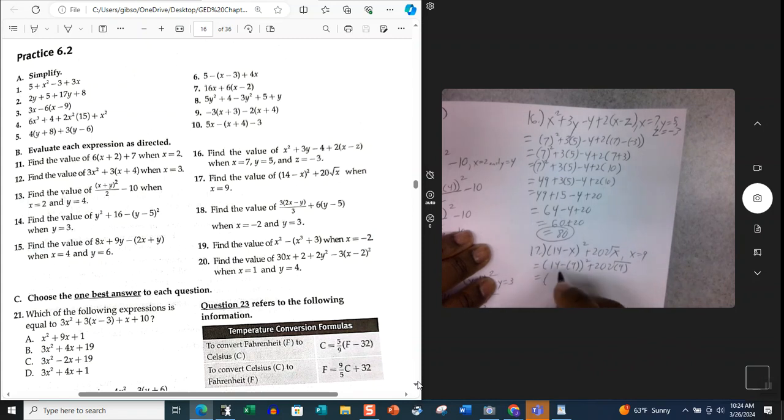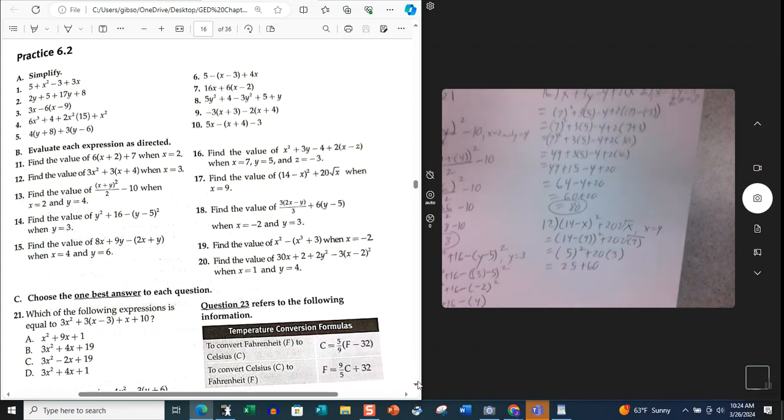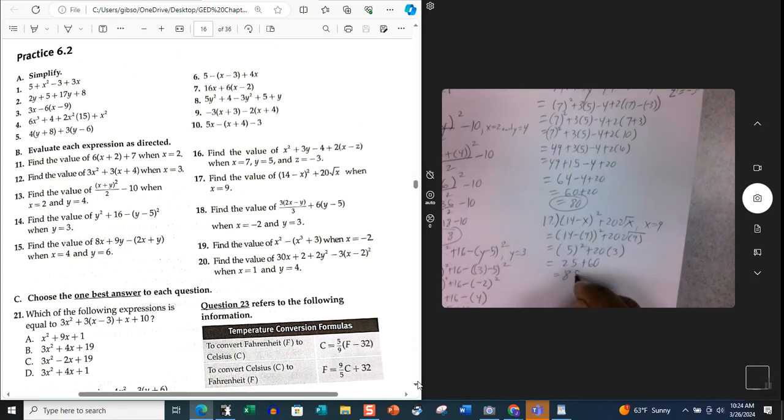So now, 14 minus 9 is 5, and that's squared. Plus 20, the square root of 9 is 3. Okay, now we're just left with an exponent and multiplication. 5 squared is 25. 20 times 3 is 60. 25 plus 60 is 85.